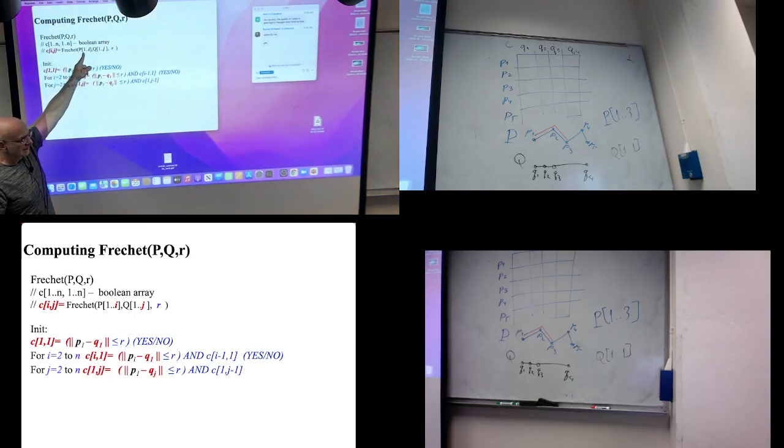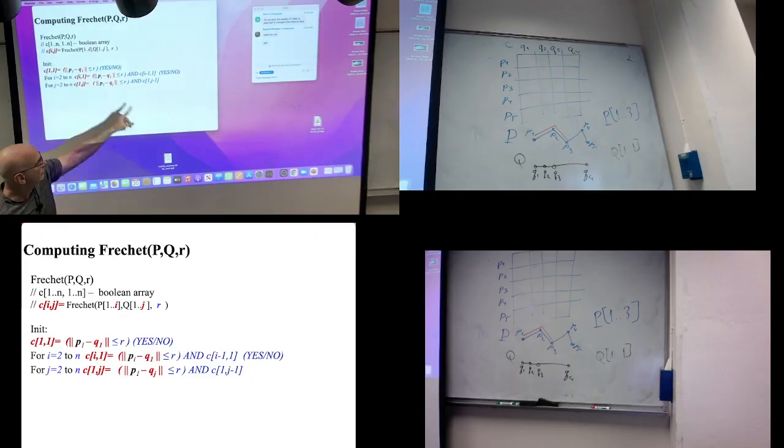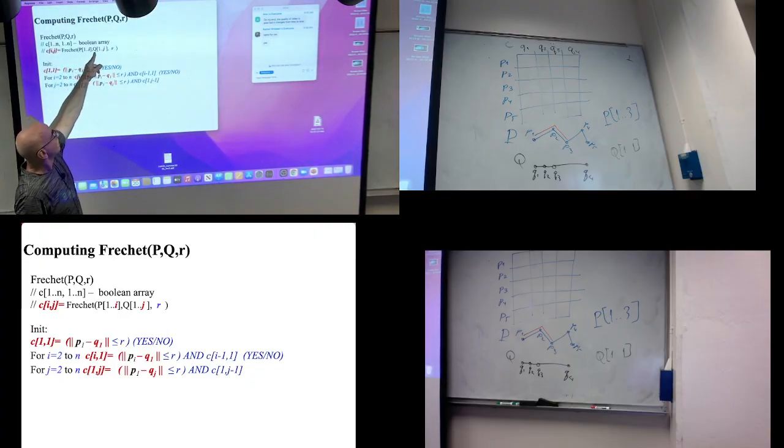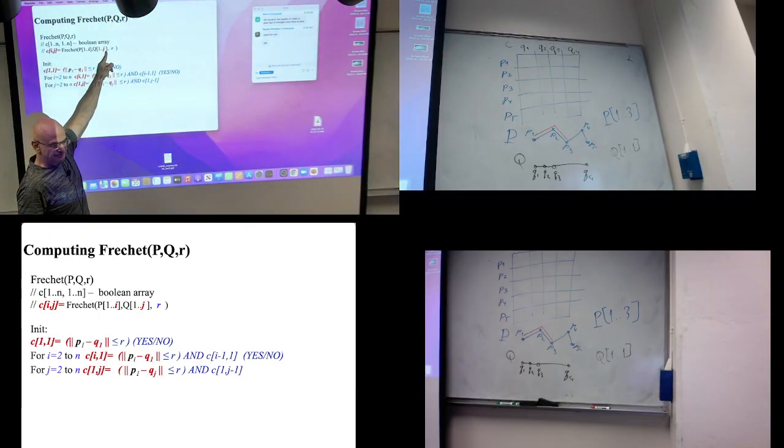To know what is C[i][j], the notation is a bit confusing, but very similar to what we did in the LCS. P[1..i] is the prefix of the first i vertices of P, the polygonal path of the first i vertices of P. P[1..1] is just a single vertex. P[1..5] will be the whole of the path. P is the blue path over there. Q[1..j], the same thing.